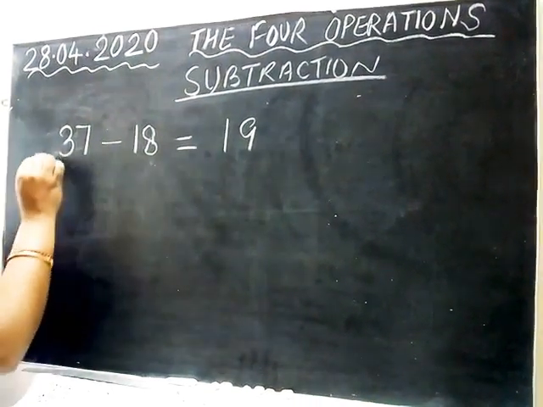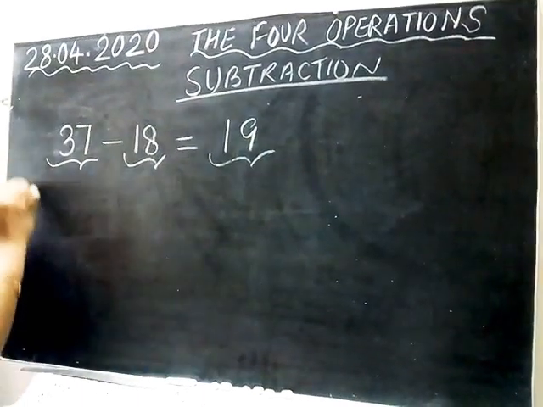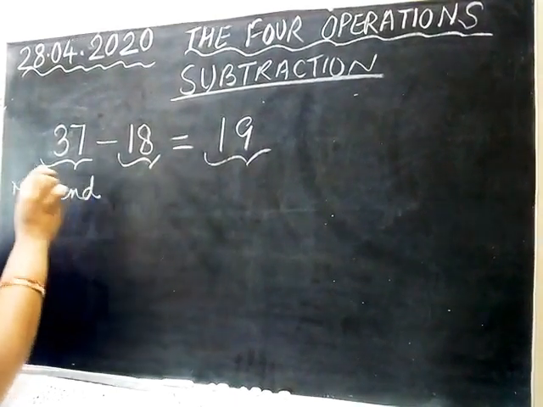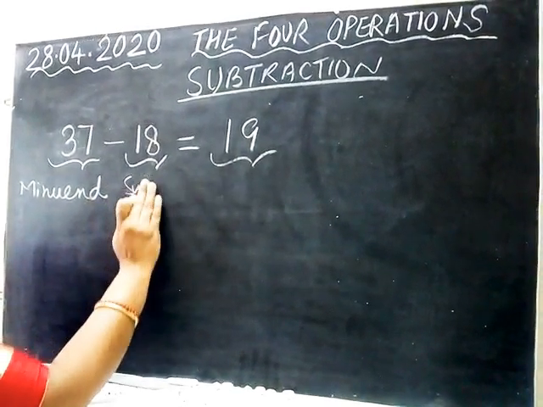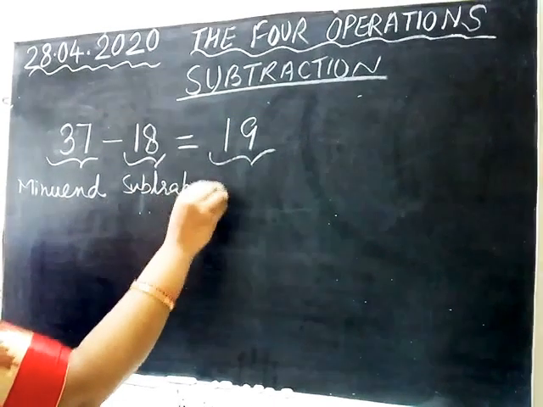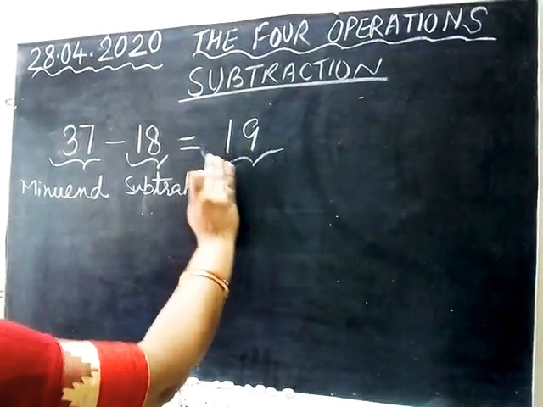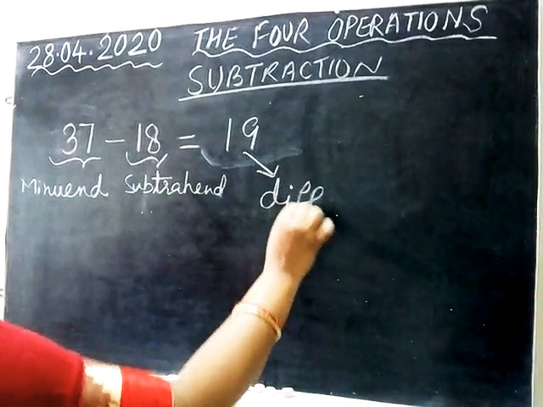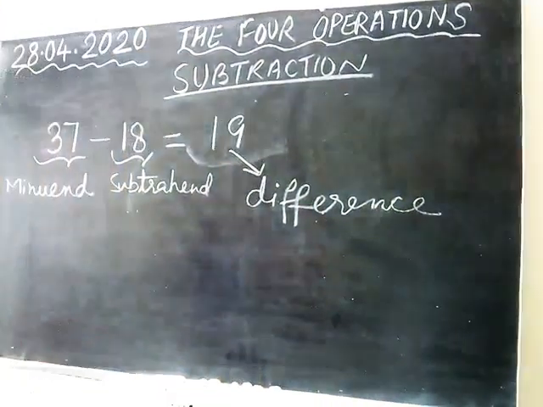Now here first we will learn, children, what is this called, and what is this called. This is called minuend. This is called subtrahend. And the answer we get is called difference.